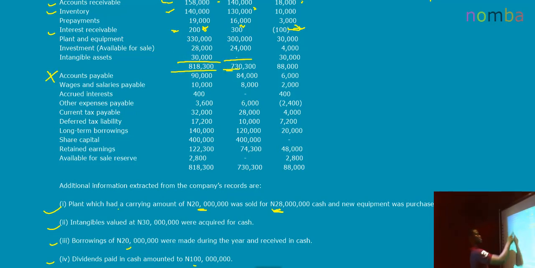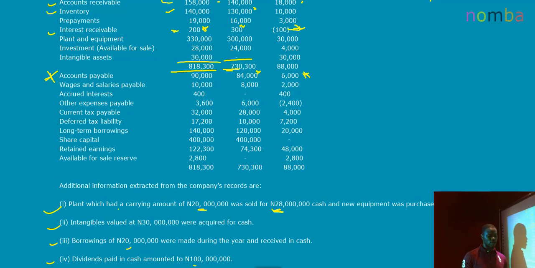There is an account payables, and at the beginning of the reporting period, it was 84,000. It increased to 90,000, so it increased by 6,000. Which goes to show that the account payables for this current reporting period is 6,000.